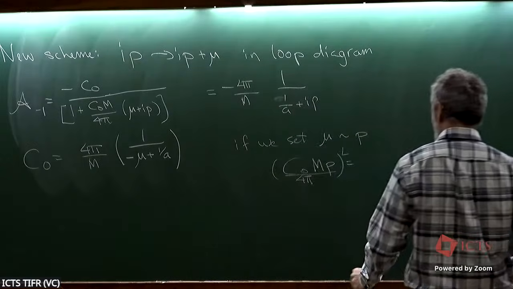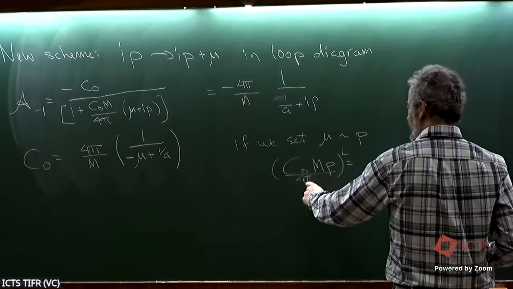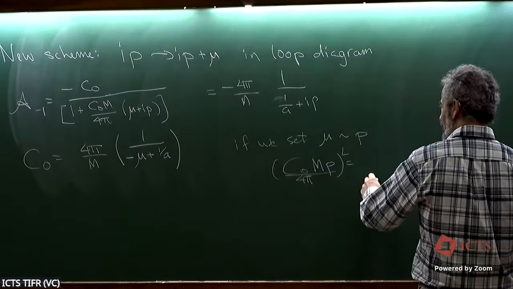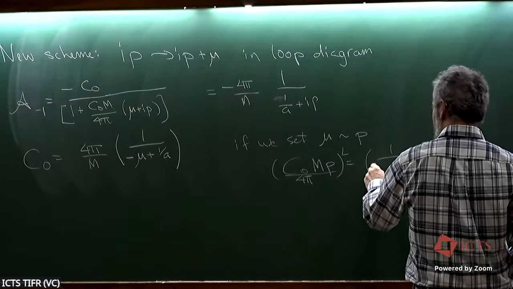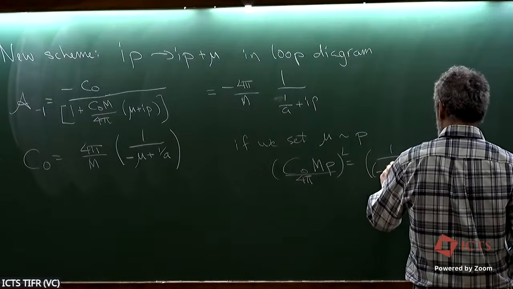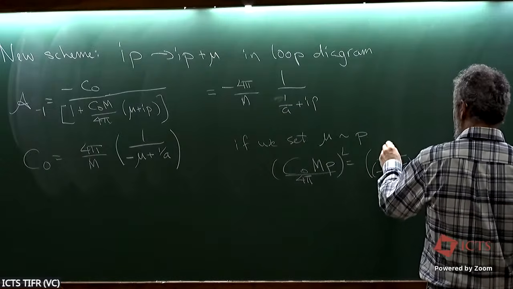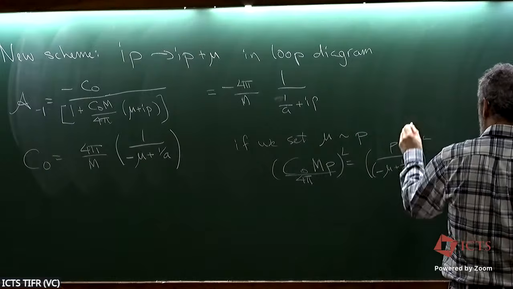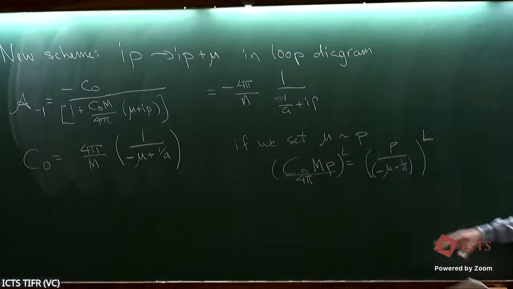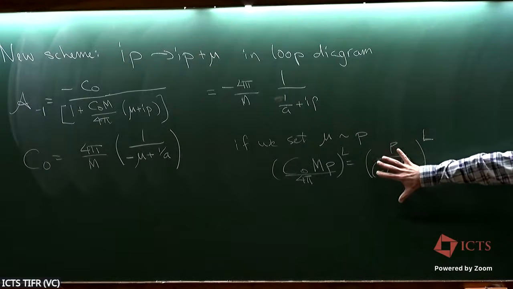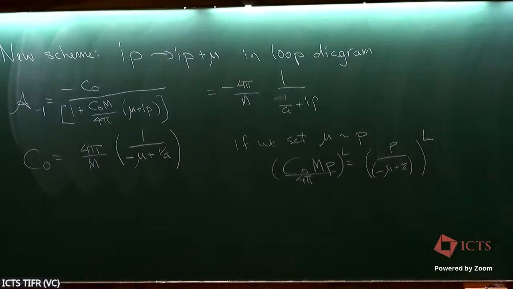Let me just look at that quantity there. Well, the M over 4 pi cancels that, and we get a 1 over minus mu plus 1 over A times P to the L. Okay, and so now what happens is every contribution is roughly the same size. We don't have it getting bigger and bigger.